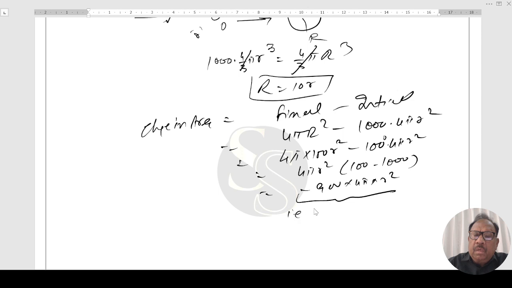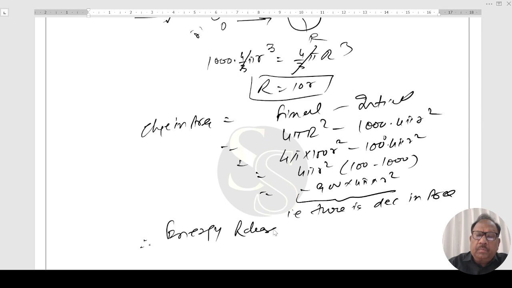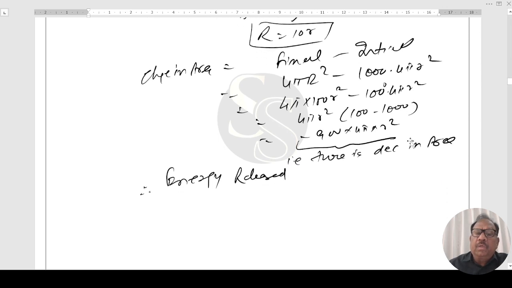Therefore, energy released. The energy released will be equal to surface tension into change in area.